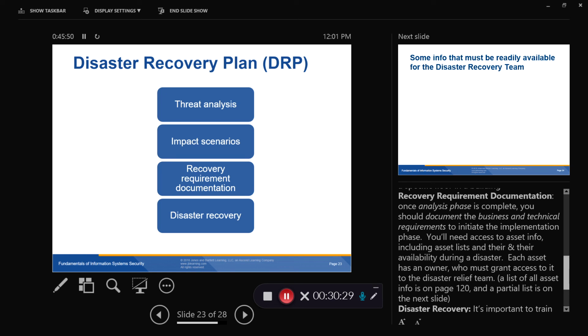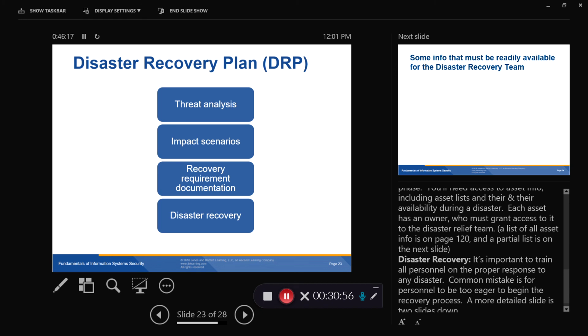The recovery requirement documentation. Once the analysis phase is complete, you should document the business and technical requirements to initiate the implementation phase. You'll need access to asset information, including asset lists, and their availability during a disaster. Each asset has an owner who must grant access to it to the disaster relief team.